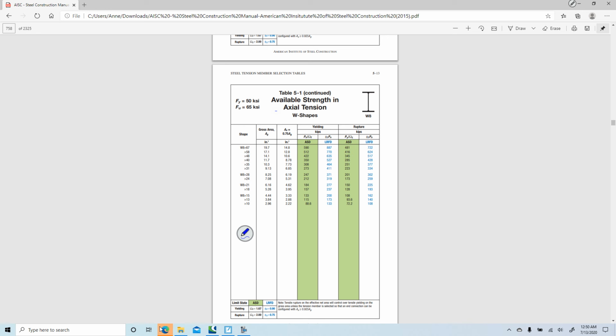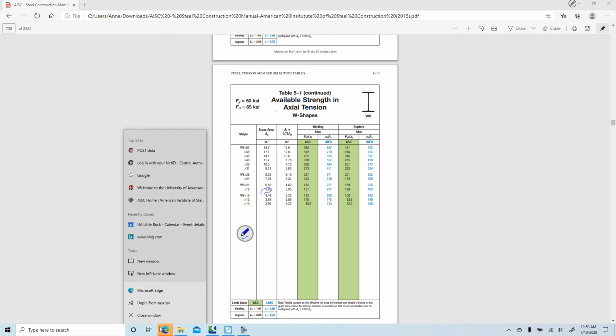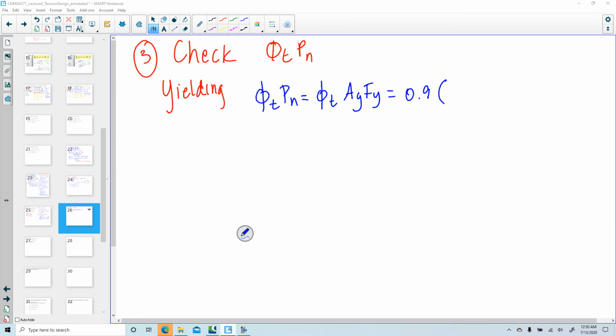It gives it to me, 5.26. And you could also look it up in the dimension tables in the beginning, part 1. Let me check this up.